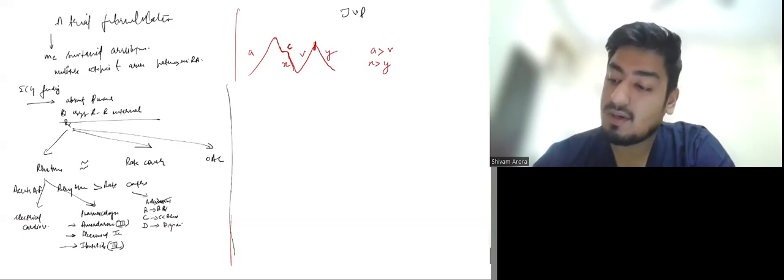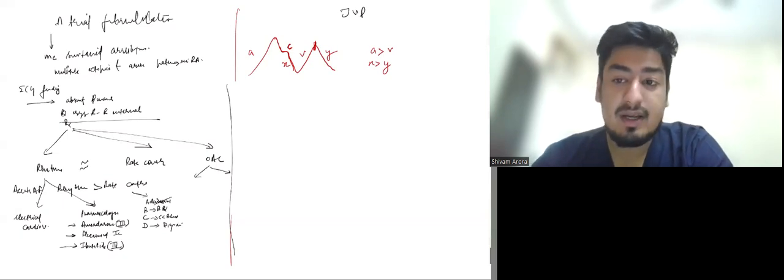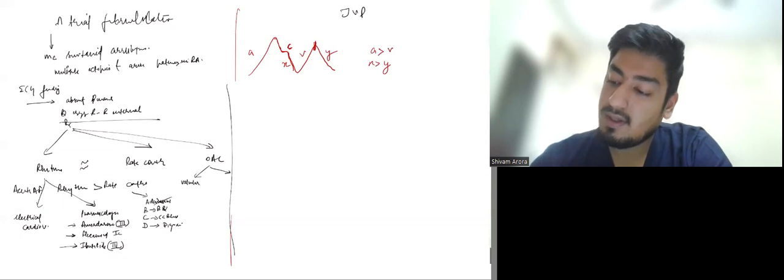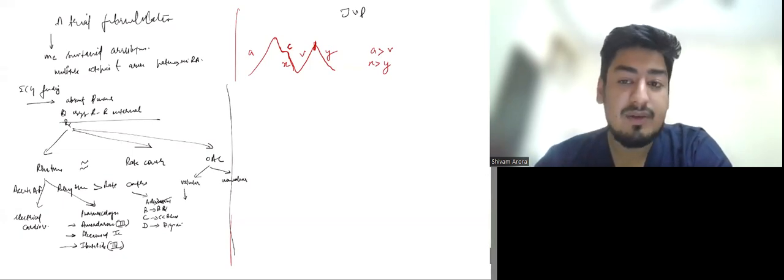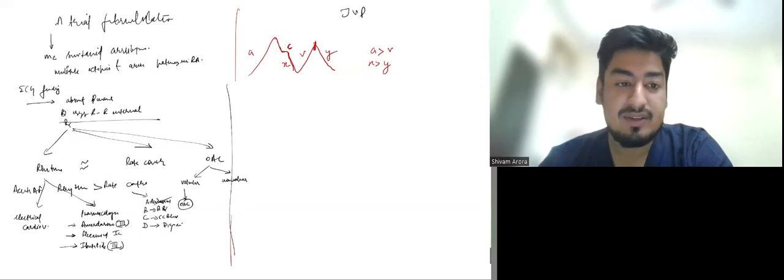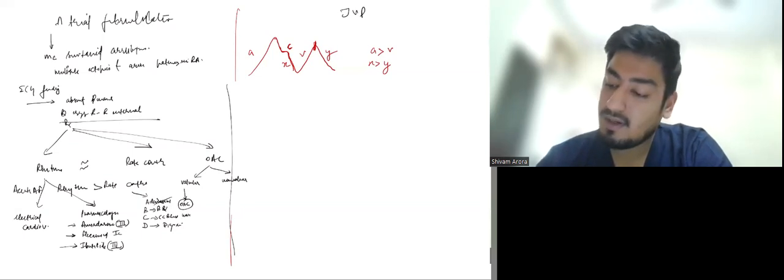For oral anticoagulation, we divide the AF in two types. One is valvular, another one is non-valvular AF. For valvular AF, you have to give oral anticoagulation. And preferred oral anticoagulation in valvular AF is warfarin.